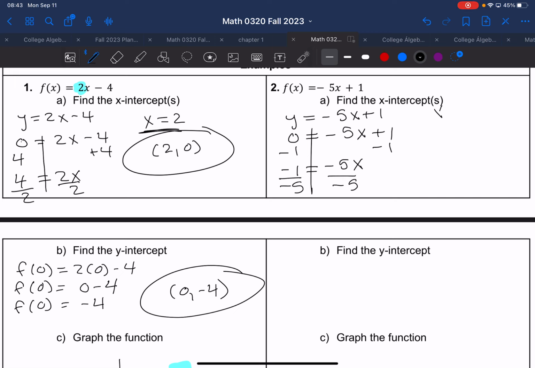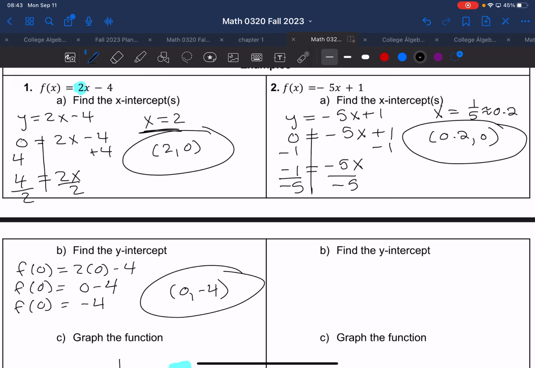So we get x is equal to positive 1/5, which is approximately what in decimal form? 0.2. Okay. So how would we write this as a point? 0.2, 0. Good, 0.2, 0.